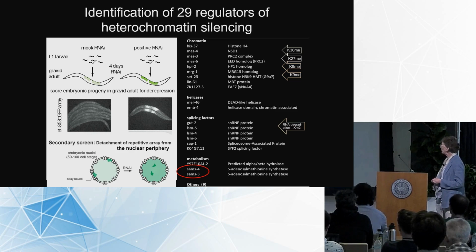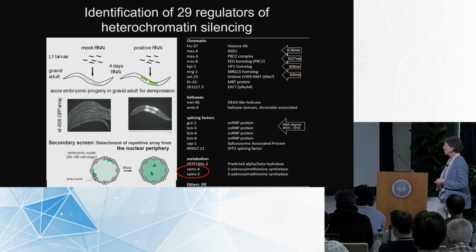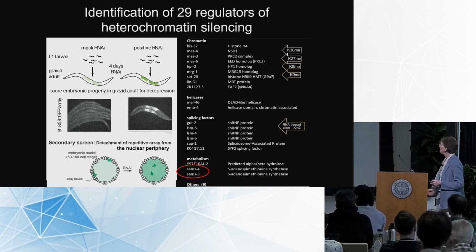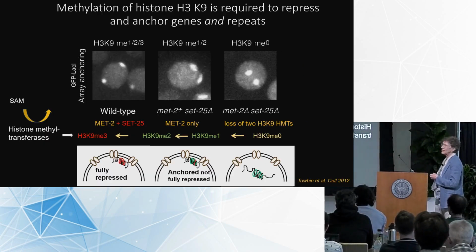But when we asked the question, out of all these hits, which ones caused the delocalization, not just the de-repression, there was only one hit, or actually it was two hits, but the same enzyme, S-adenosylmethionine synthase, and this caused both de-repression and delocalization. Now, the explanation of that is that the donor for methylation is SAM, and it requires SAM synthetase to be created. And so it's the donor for all methylation.